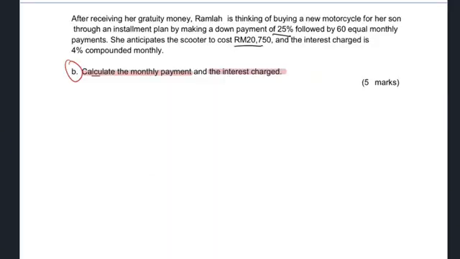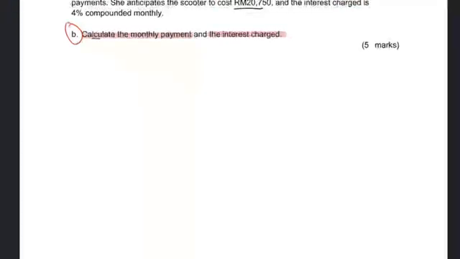So let's move to question B, which is Ramla is buying a new motorcycle for her son, starting her installment plan by making a down payment of 25% followed by 60 equal monthly payments. She anticipates the scooter to cost 20,750 ringgit and the interest charge is 4% compounded monthly.